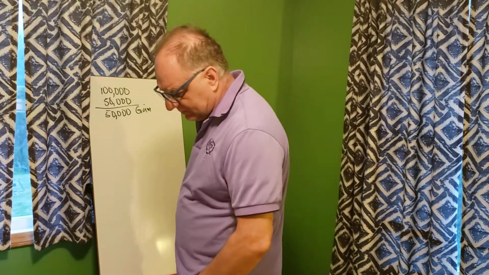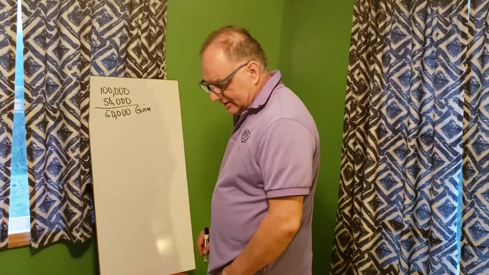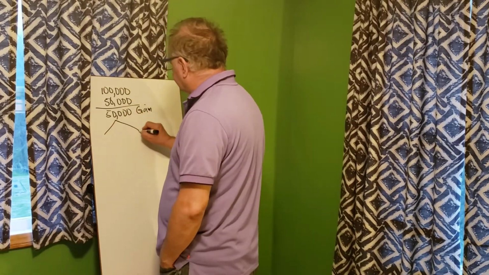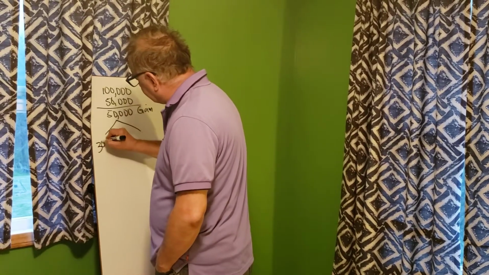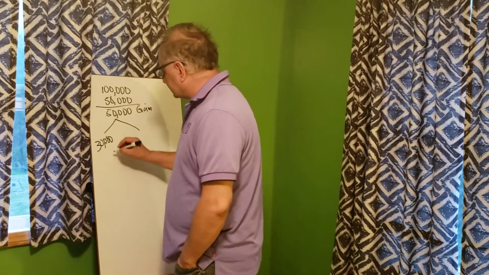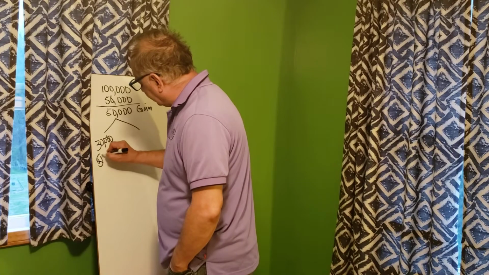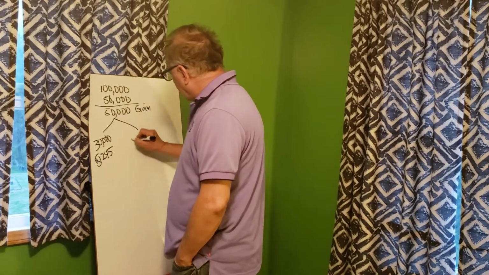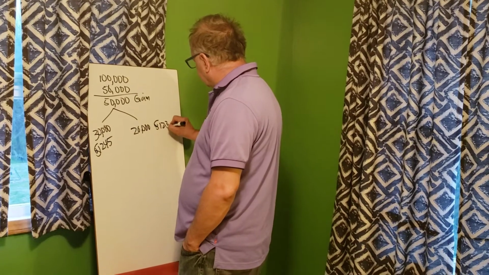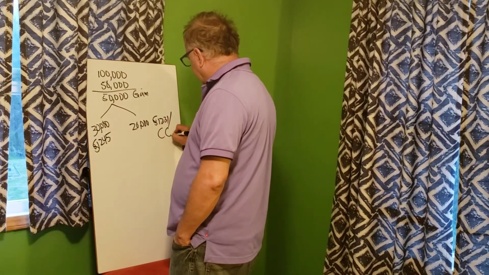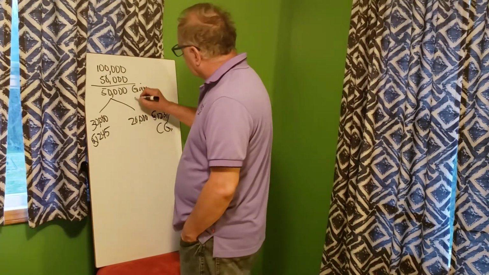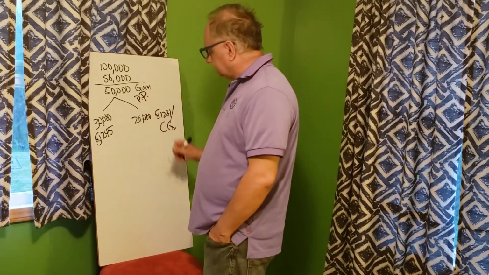Well, in example number 1, my gain is $50,000, and my depreciation is $30,000. So of this $50,000 gain, $30,000 is section 1245, and $20,000 then is my section 1231 / capital gain. Okay, this is if it's personal property.